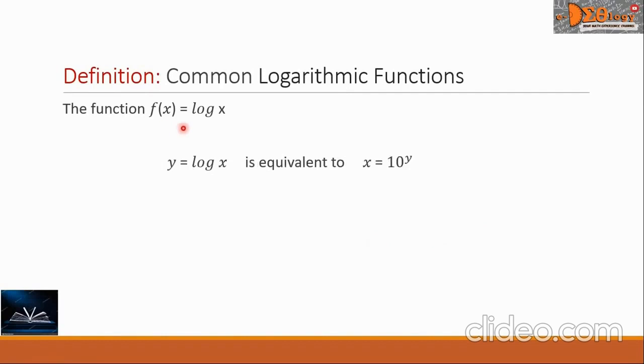The f of x equals log x can be written as y equals log x. And this expression is equivalent to the exponential form x equals 10 raised to y.